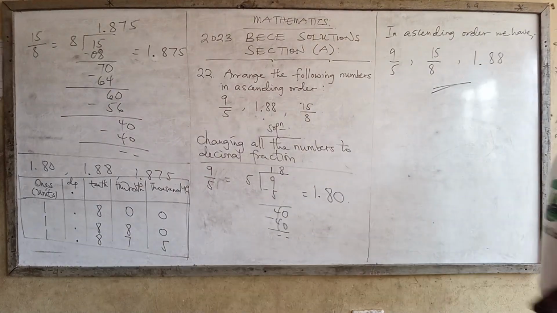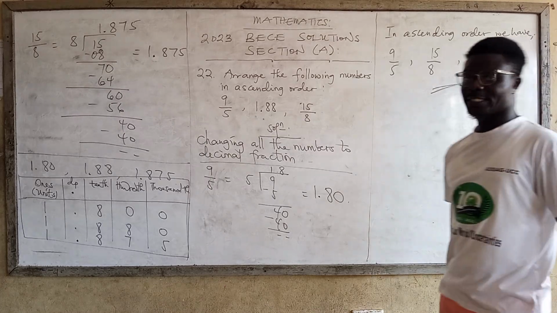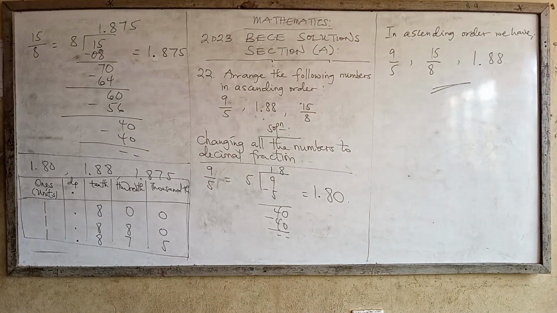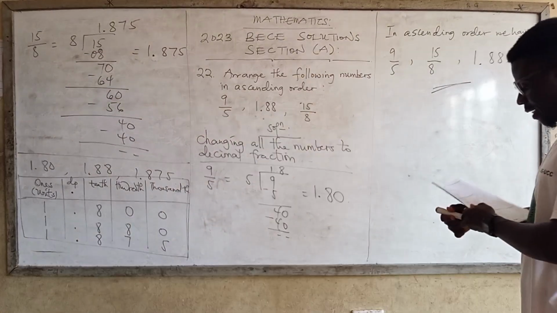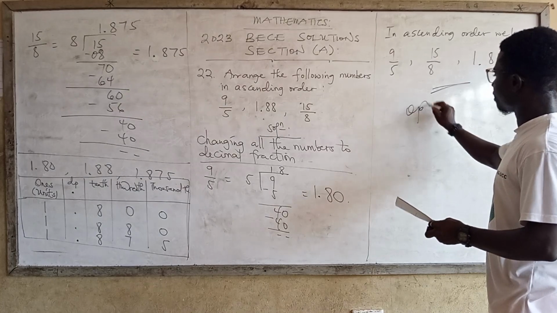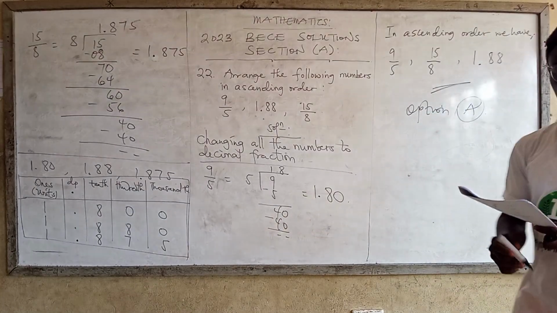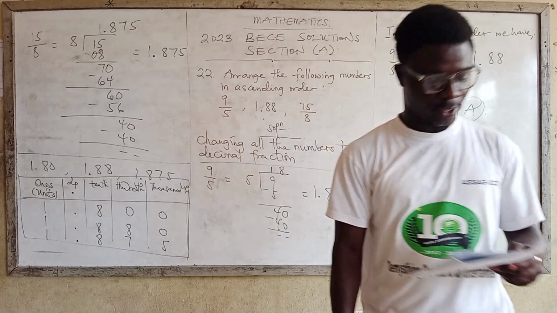So in ascending order, we have 9 out of 5, 15 out of 8, 1.88. Let's see, it falls under option A. Now let's move on to question 23.